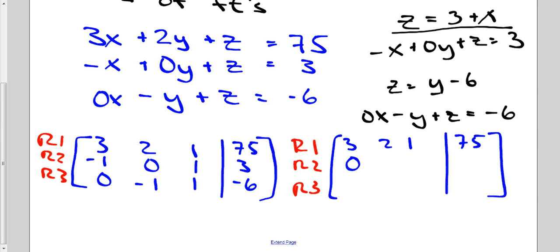I want to multiply 3 times row 2, add to 1, I get 2. 3 times row 2, add it to 1, I get 4. 3 times row 2, add it to row 1, 84. 9 plus 75, right? Okay. And then I get 0, negative 1, 1, negative 6.